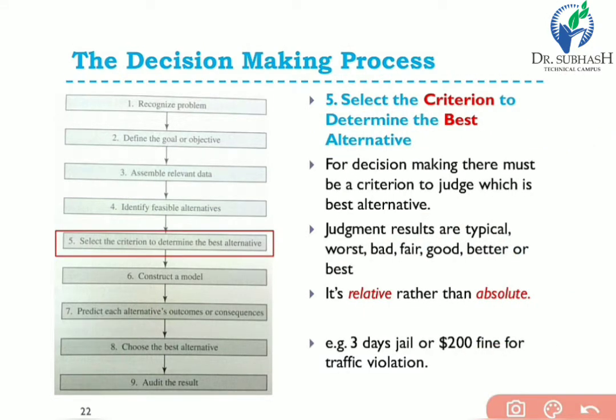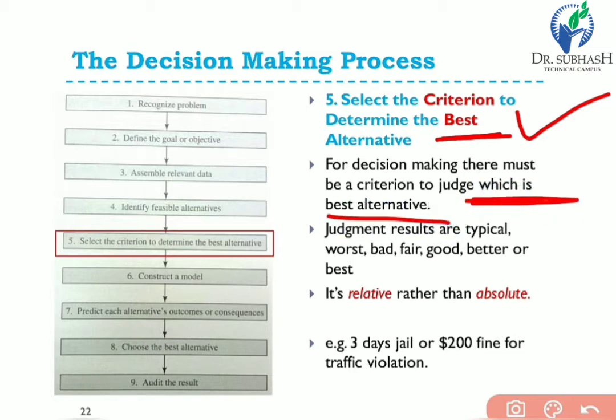Now the fifth step of the decision making process is select the criterion to determine the best alternative. It is the process in which we choose the best alternative which is good for us and our company. For decision making, there must be a criterion to judge which is the best alternative.